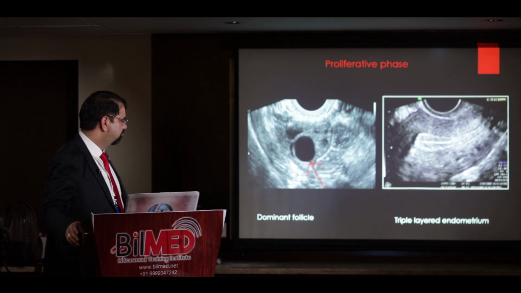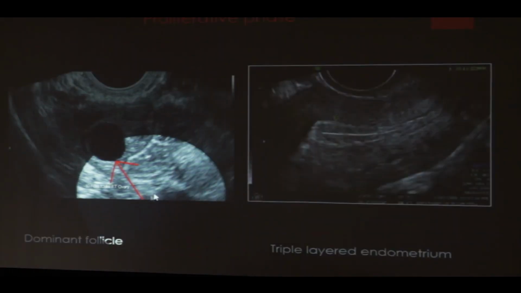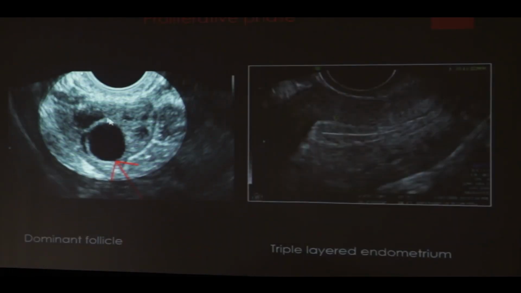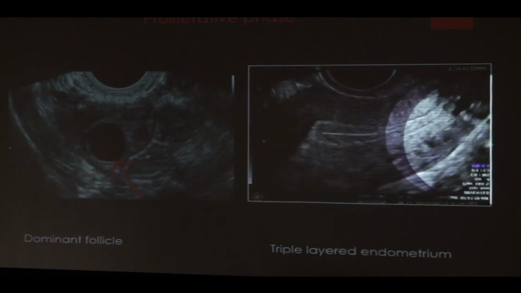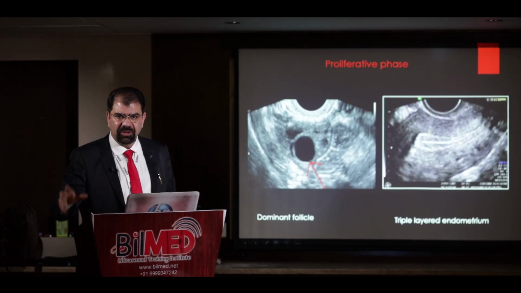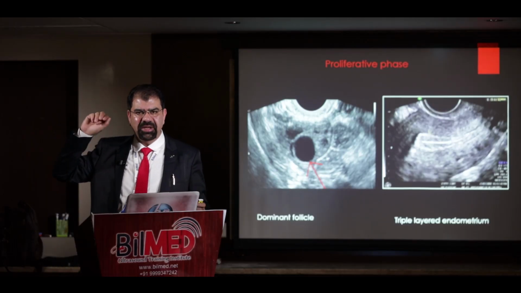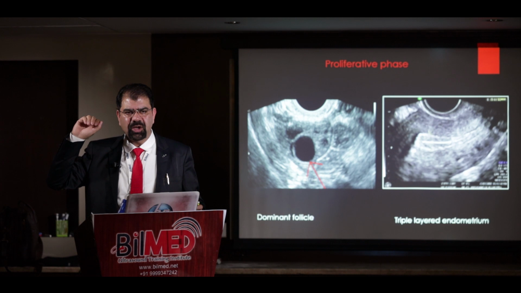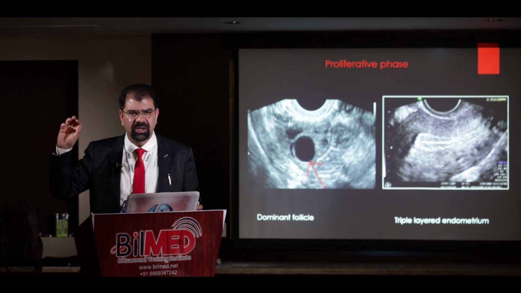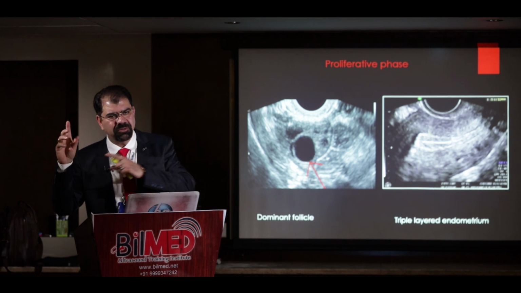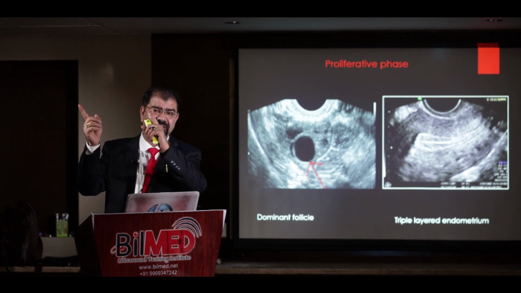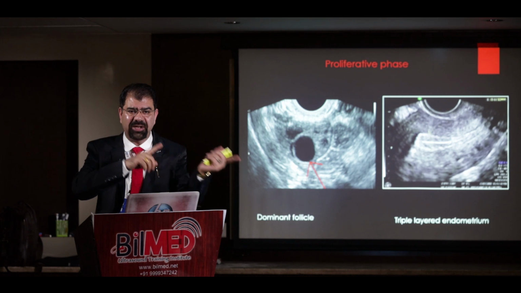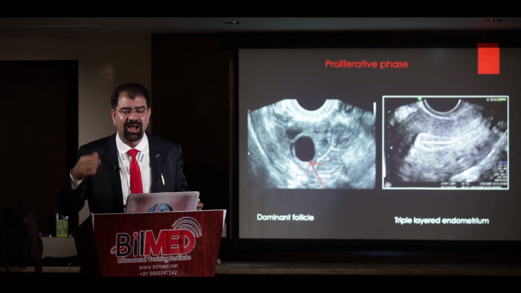The point is, please don't keep an eye only on the dominant follicle. See the endometrium also, because if the follicle is very good, it has ruptured, the ova has got released, and now it is fertilized, it is traveling from one end to get dropped into the endometrial cavity.